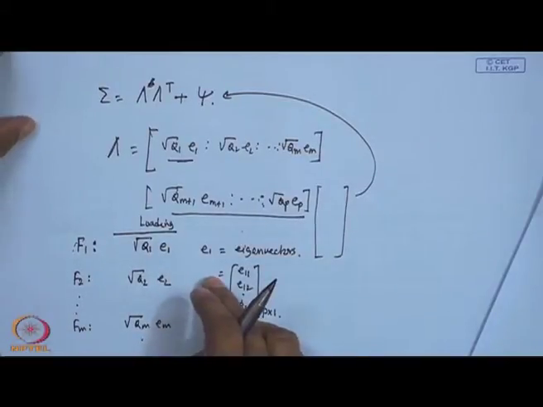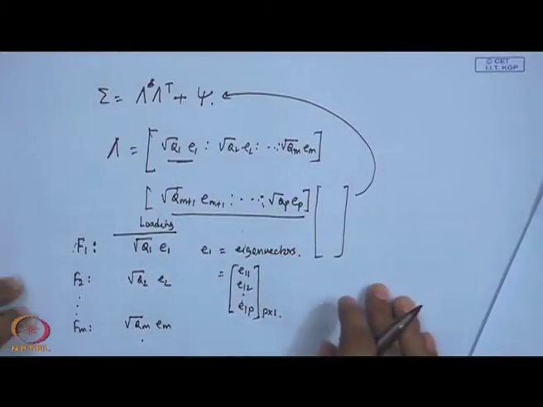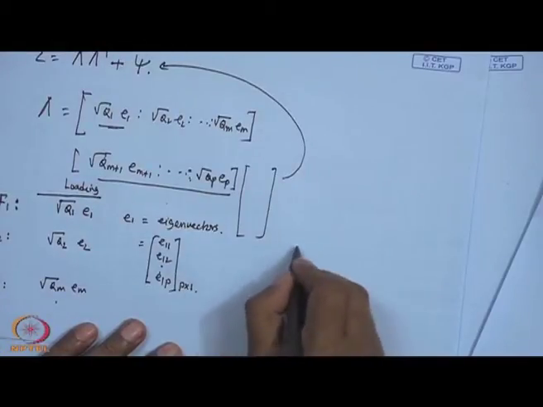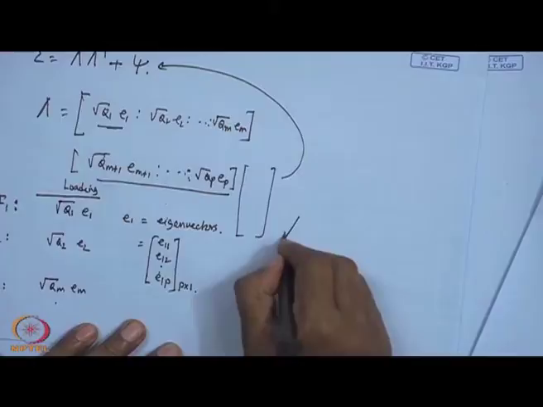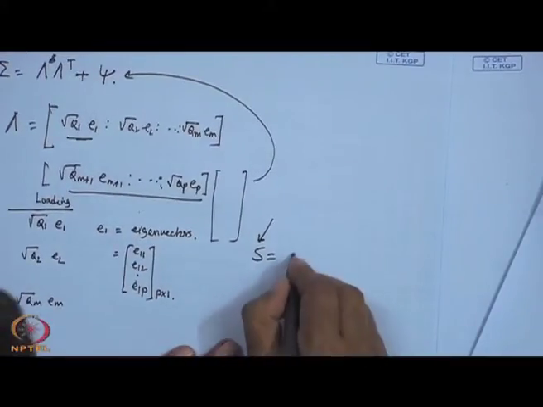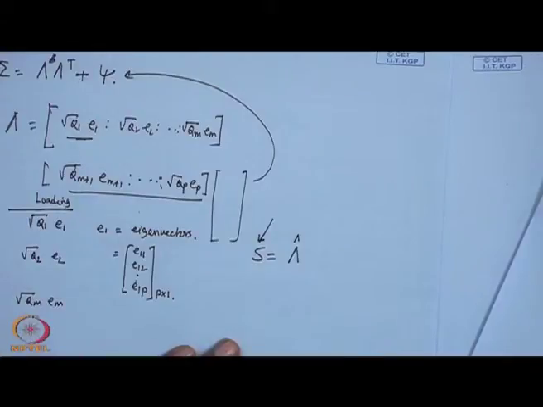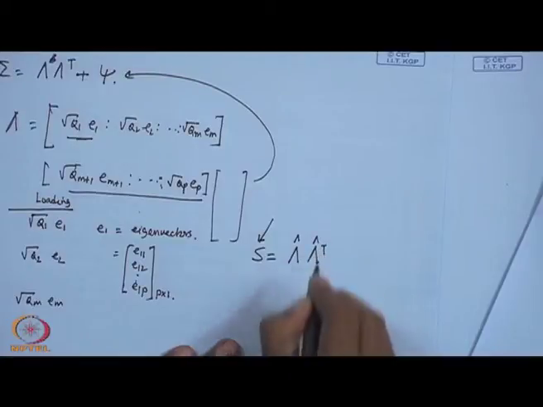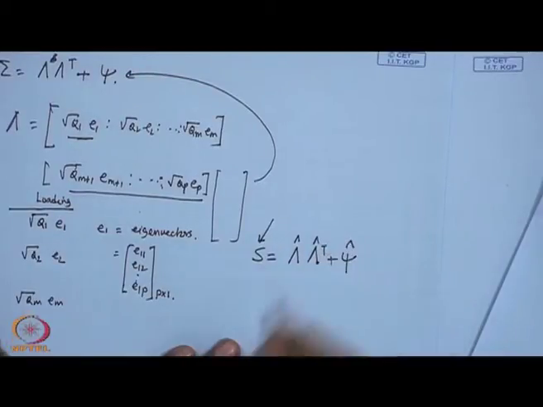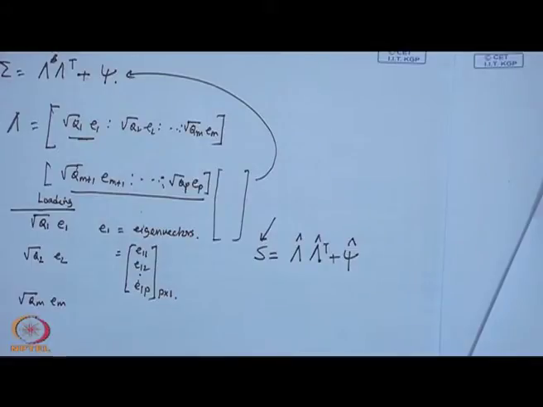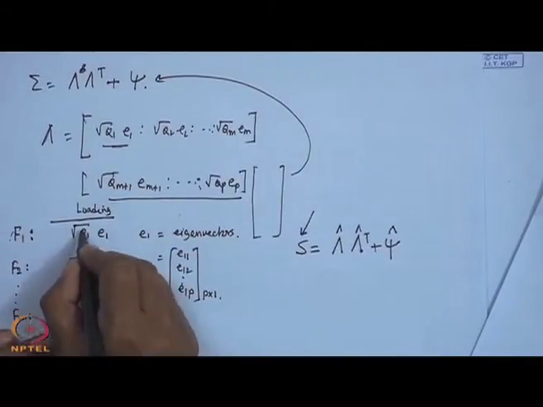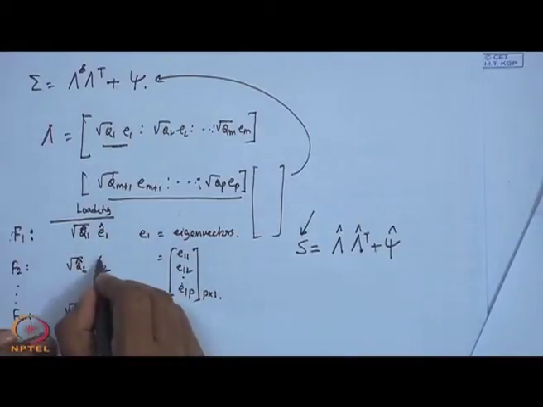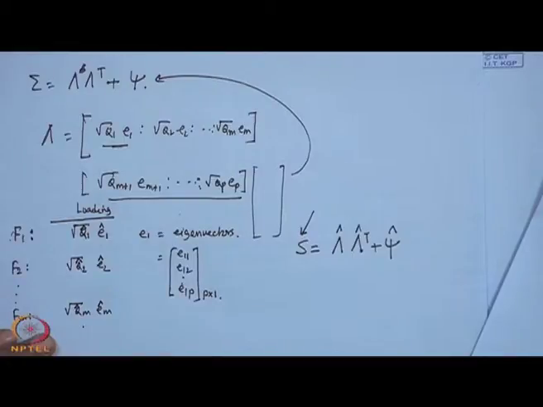But how do you get these values? You will use the S matrix, that is, the sample covariance matrix, which we then write as Lambda cap Lambda cap transpose plus Psi cap. In this case, everything will be with caps: E1 cap, E2 cap, Em cap.